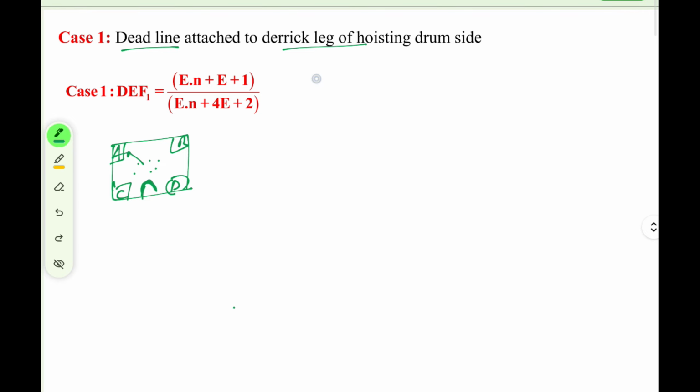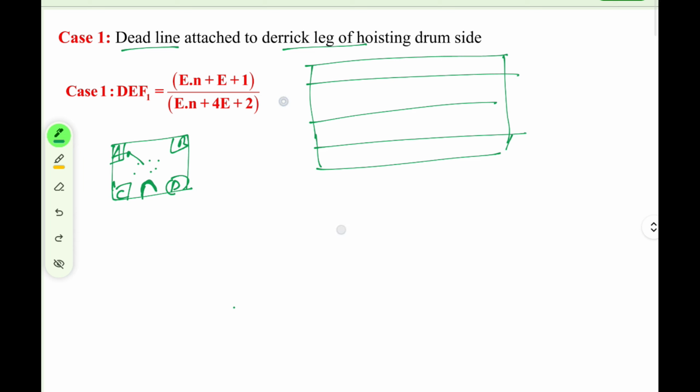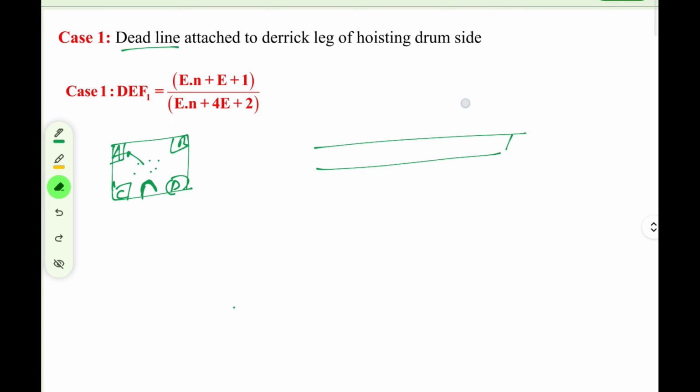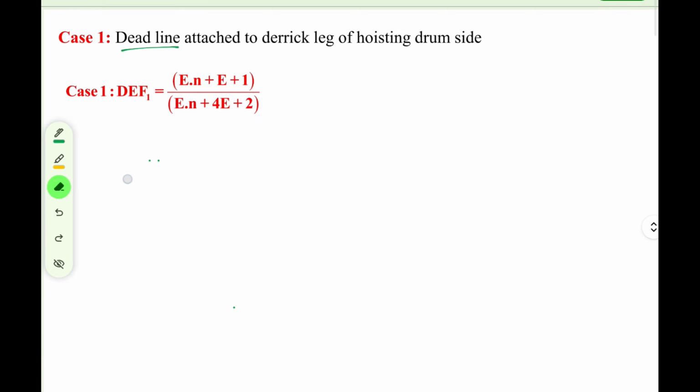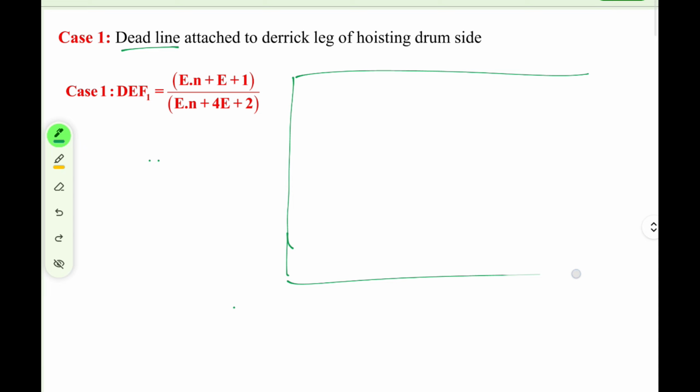So let me do the load distribution for you. This is the small sketch. So what are the loads we have? We have hook load, and legs A, B, C, and D. Let me do it clearly so that you can understand. This is the table I want to draw, and once you are able to understand that, nothing to worry about.